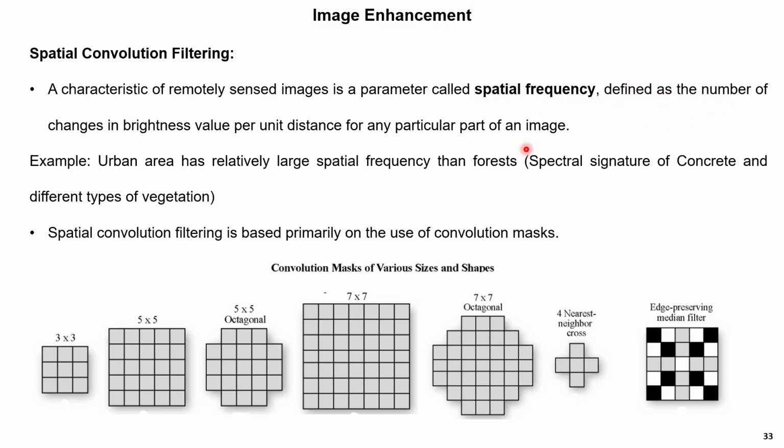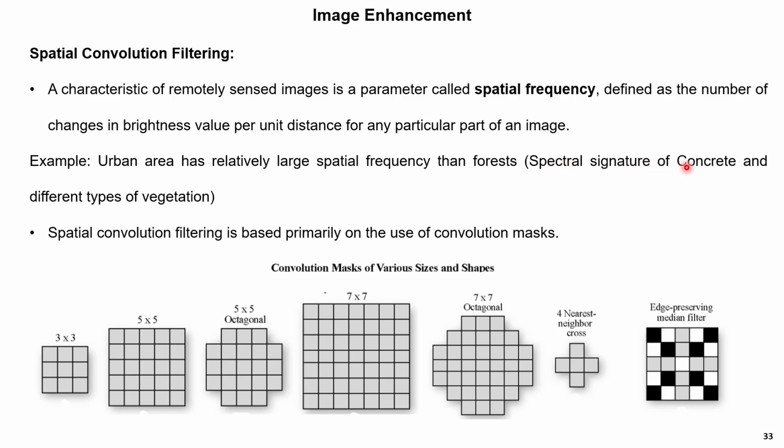It is just the number of changes in the brightness value per unit distance for any particular part of the image. For example, if you look at the urban area, it will have a large spatial frequency, which means many pixels will have similar gray levels compared to your vegetation or any other classes.